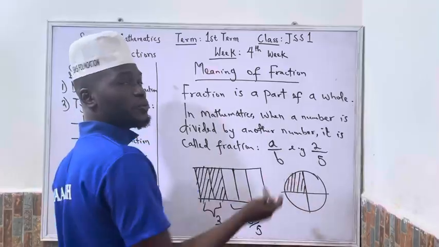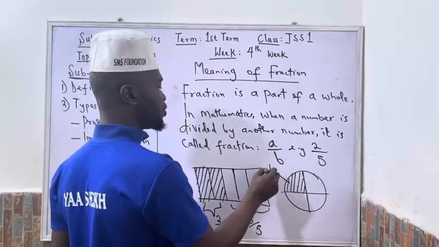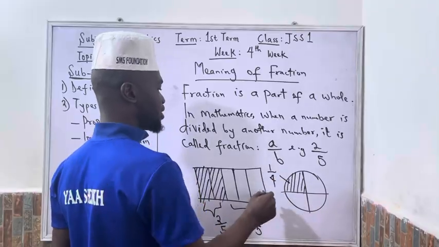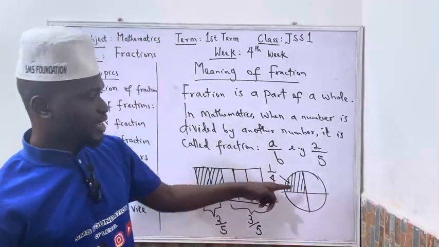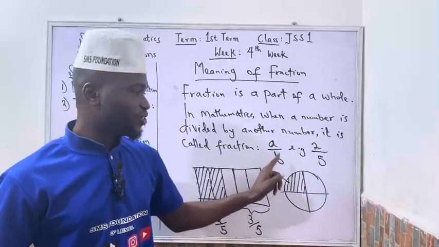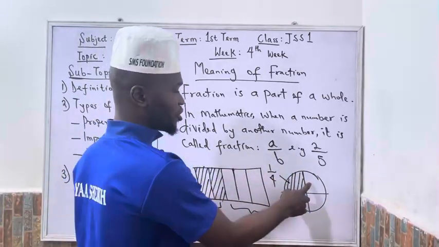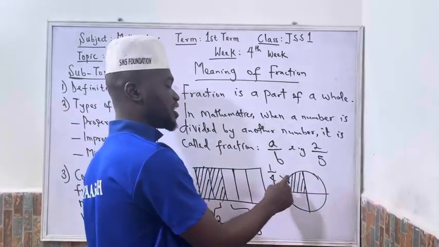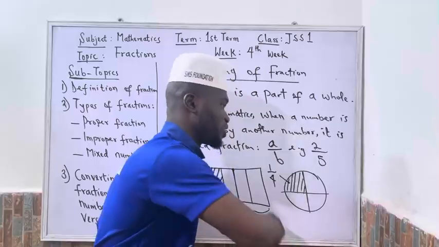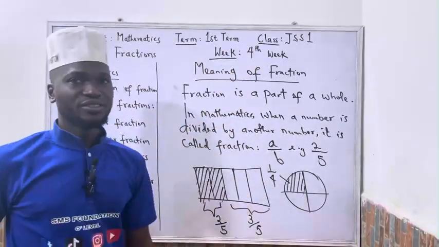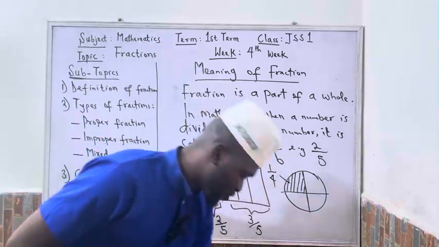What you have taken away from this circle is 1 out of 4, that is 1/4. This is a part of the entire orange. The remaining 3 parts are also 1/4 each. If you add 1/4 plus 1/4 plus 1/4 plus 1/4, that will give you the entire orange. So this is just a simple introduction to fraction.